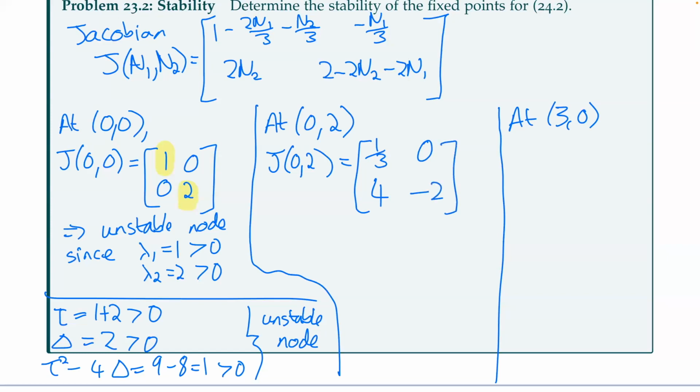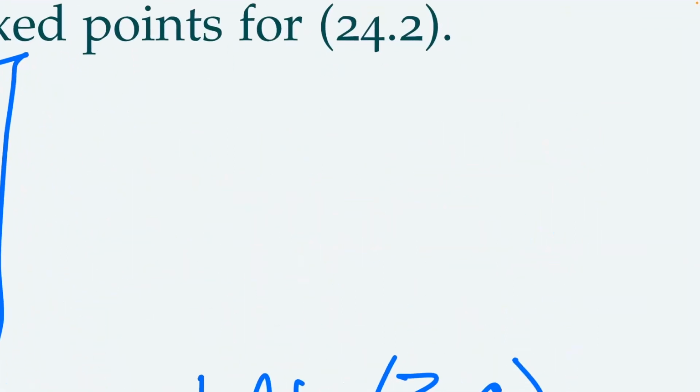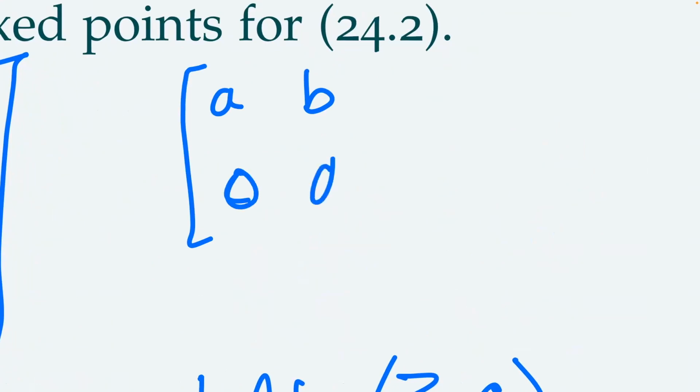A few people asked me, how do I know that I can just read off these as my eigenvalues? The reason being, if we've got a general matrix like this, A, B, 0, D, it'll be the same if I had switched these around.